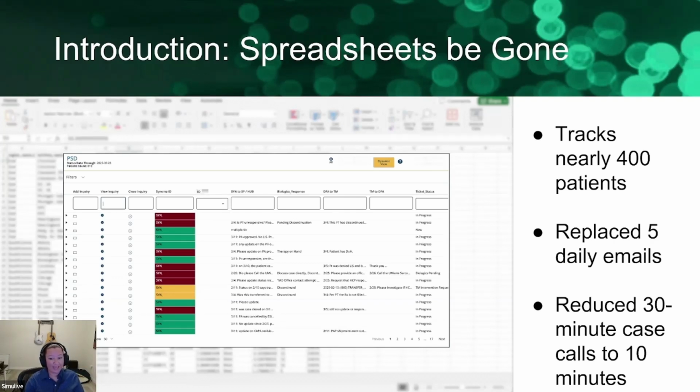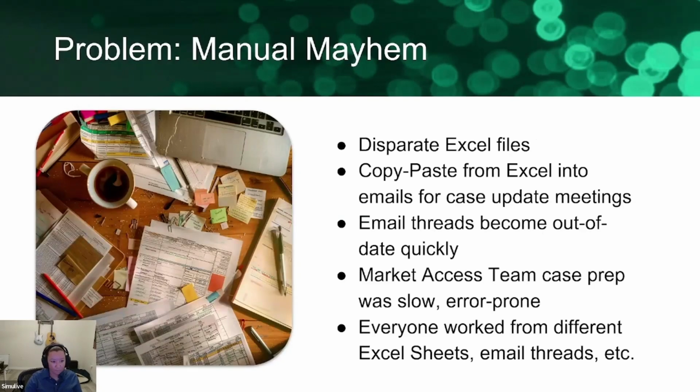We've replaced 5 daily emails with this tool and reduced the 30-minute case calls to about 10 minutes. And none of this existed about a year ago. It was basically this battlefield of spreadsheets and emails, and it currently is supporting 36 plus users, including the sales team, national sales team, and this market access team.